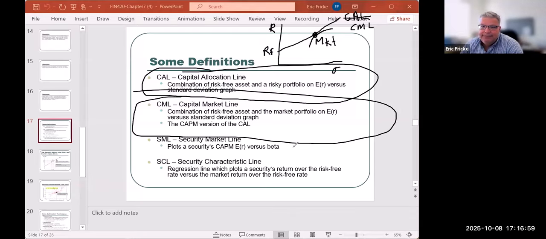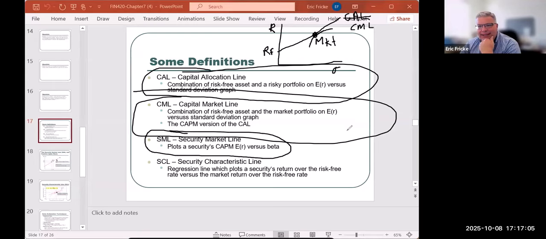The next line we call the security market line. It's kind of like the two charts we did. It looks at return, but instead of using standard deviation for risk, it uses beta. Under CAPM, beta is our appropriate measure of risk. It shows you how the return of a stock is going to depend on its beta.